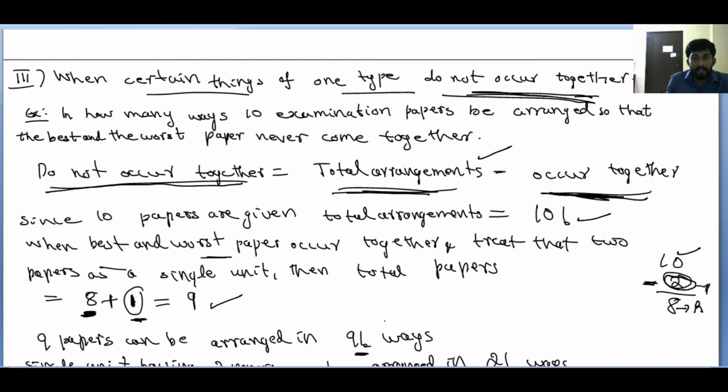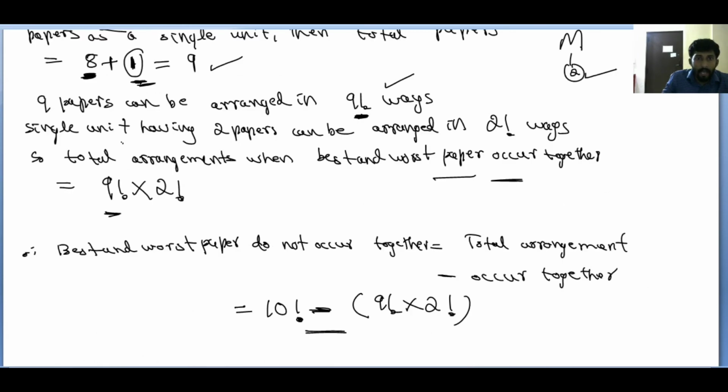9 papers can be arranged in 9 factorial ways. But in these 9 factorial arrangements, one single unit is there, and that single unit itself has 2 papers. You need to make arrangements for these papers also. So a single unit having 2 papers can be arranged in 2 factorial ways. N objects there, you can arrange in n factorial ways. 2 objects are there, you can arrange them in 2 factorial ways.